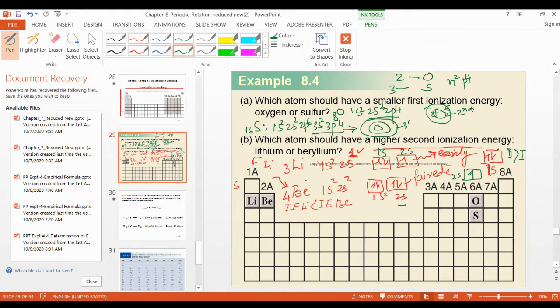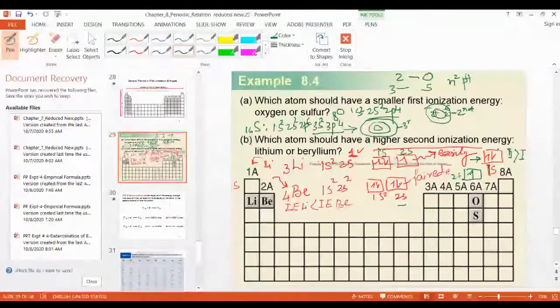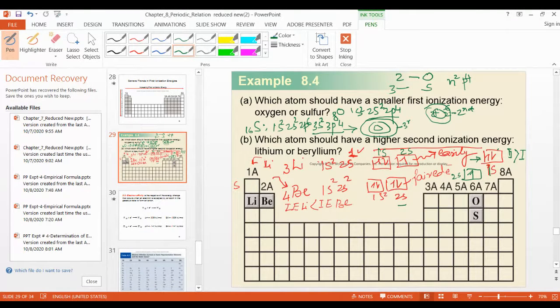All right. Now come to the second ionization energy, meaning the second electron. So in the lithium, after removing one electron, these 1s are left. This is 1s, and 1s contains 2 electrons and is very close to the nucleus. And now here, after removing one electron from the beryllium, you still have one electron, but in 2s, still higher than lithium.